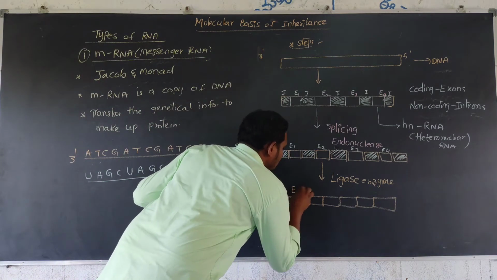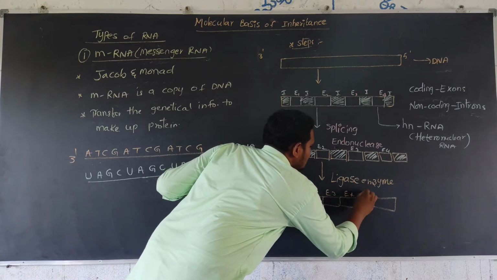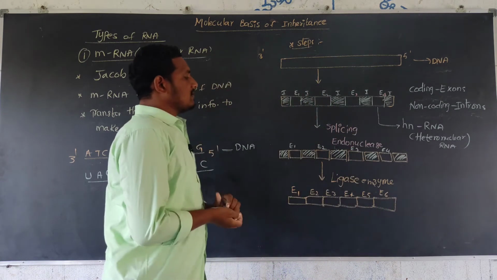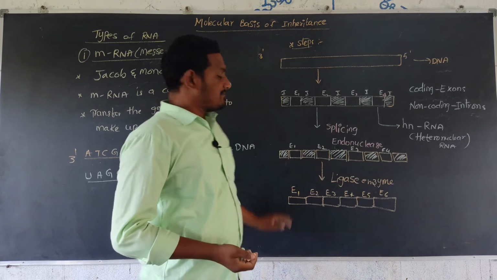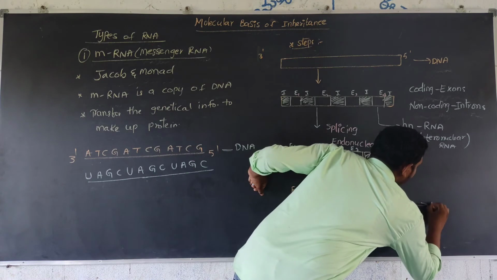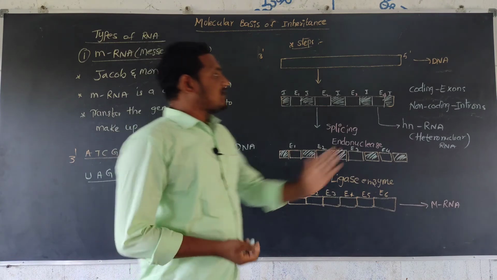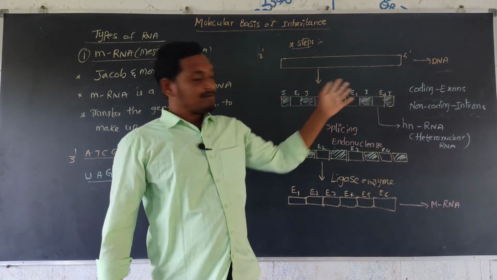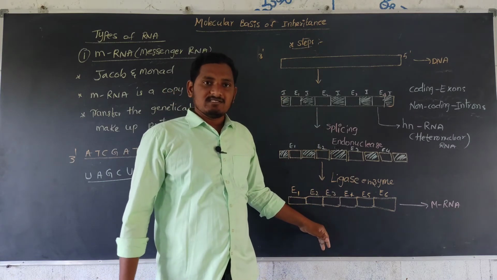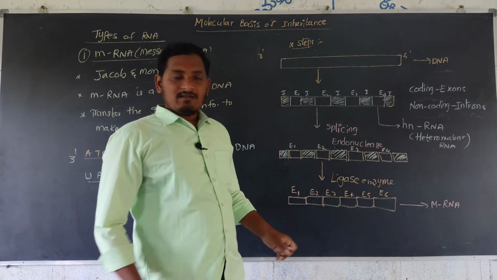So this is exon 1, exon 2, exon 3, exon 4, exon 5 and exon 6, like that. This is the mRNA. This is now treated as mRNA. First the RNA comes, that is hnRNA, then introns are removed and exons are joined by the ligase enzyme to form the mRNA.